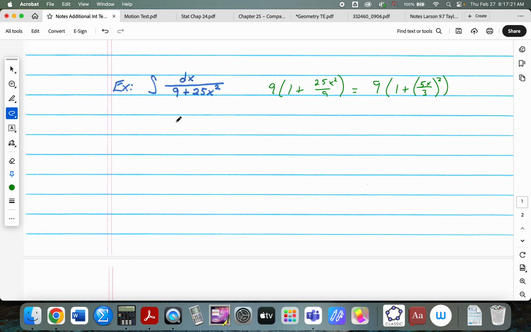Okay, so I'm going to go ahead and bring the 1/9 out of the integrand. You can leave it in or take it out, it doesn't really matter. This will be 1 over 1 plus 5x over 3 squared. And this one is not quite as nice because the derivative of 5x over 3 is 5/3, and I don't have 5/3, do I? So I'm going to go, okay, let's let u be equal to 5x over 3.